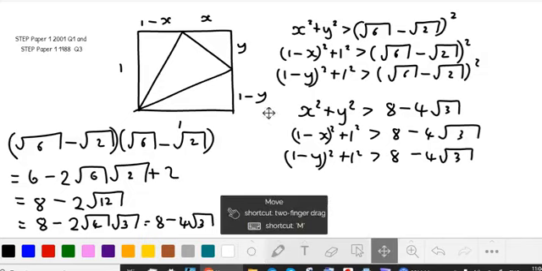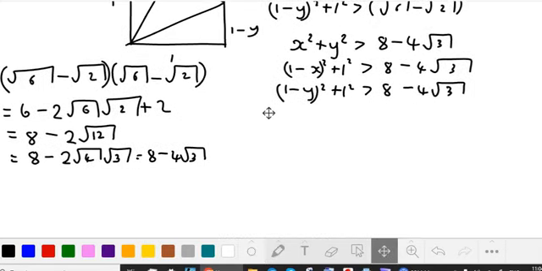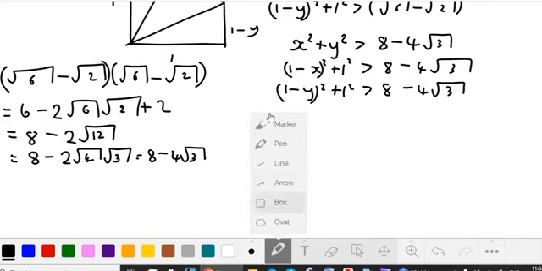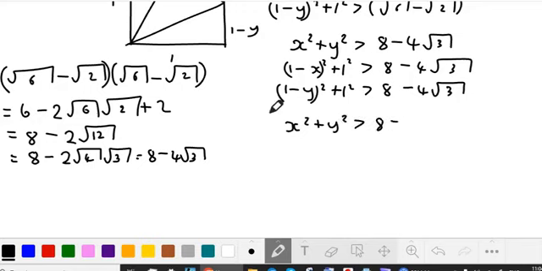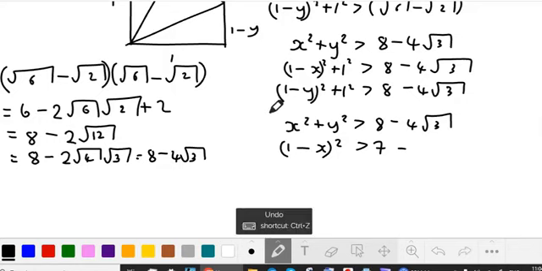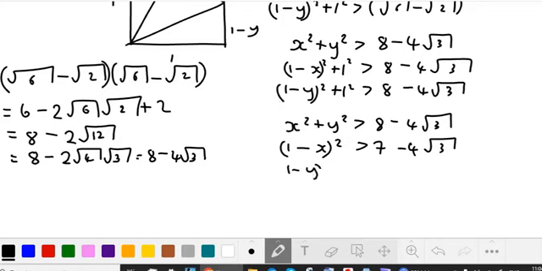And if I take 1 off both sides of each of the last two, I finally end up with this set here, which is x squared plus y squared is greater than 8 minus 4 root 3, but 1 minus x all squared is greater than 7 minus 4 root 3, and that 1 minus y all squared is greater than 7 minus 4 root 3.